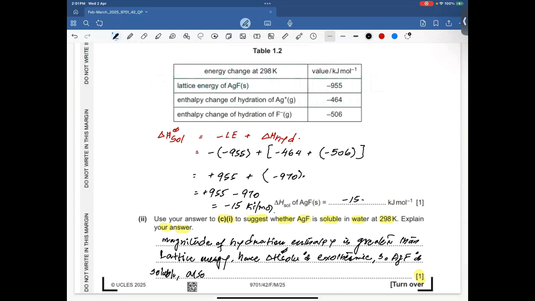Also, due to small ionic radii and strong electrostatic attraction, also called ion dipole attraction, between ion and water molecule.